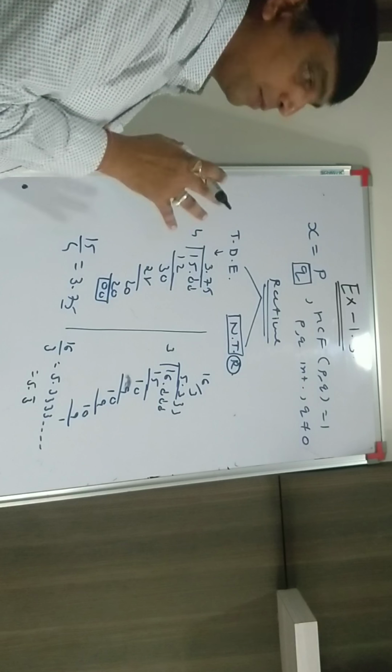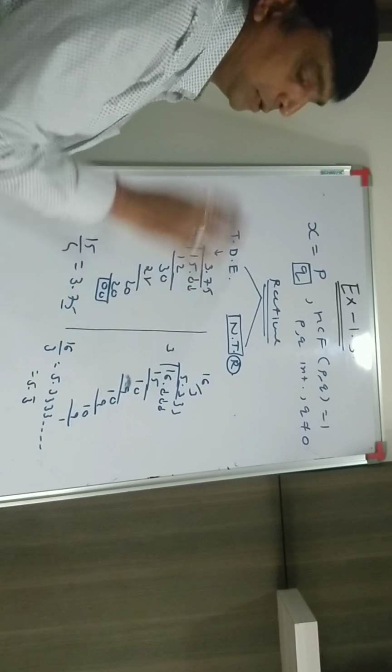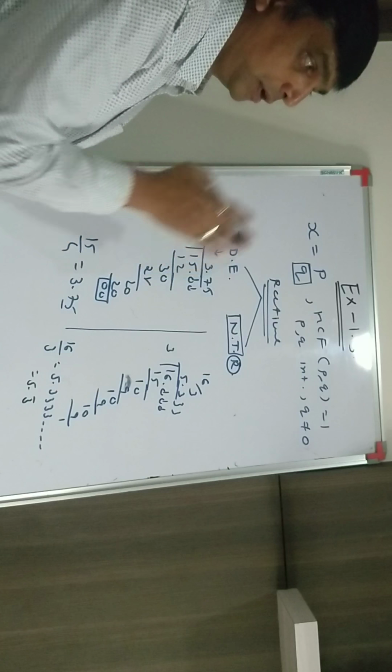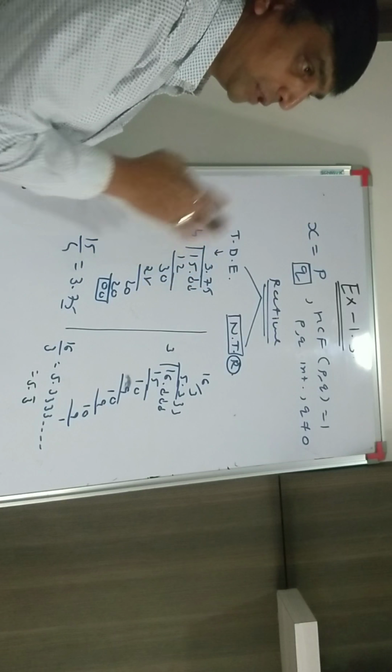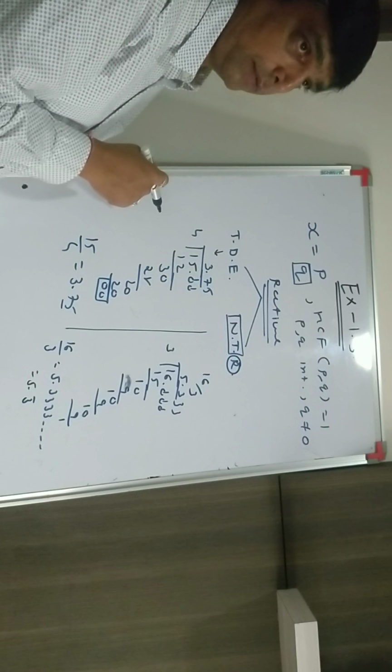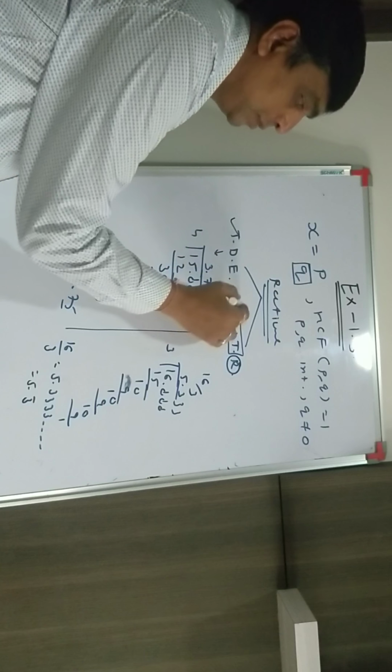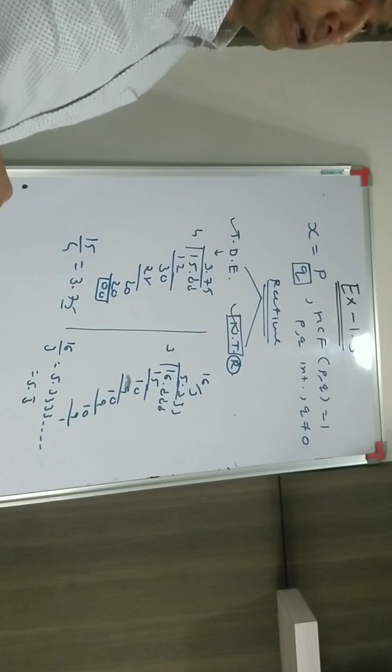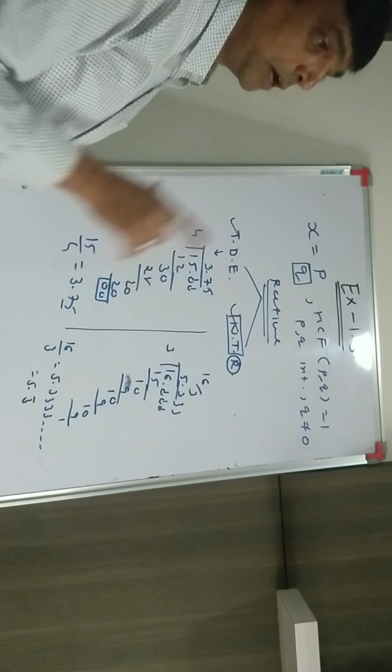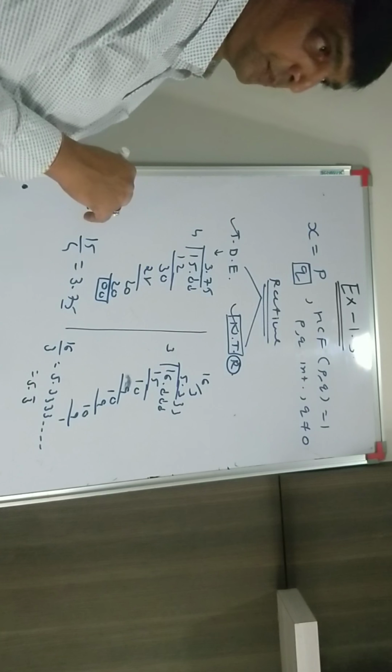Now we have to determine, without long division, whether given rational numbers are terminating decimals or non-terminating recurring numbers.